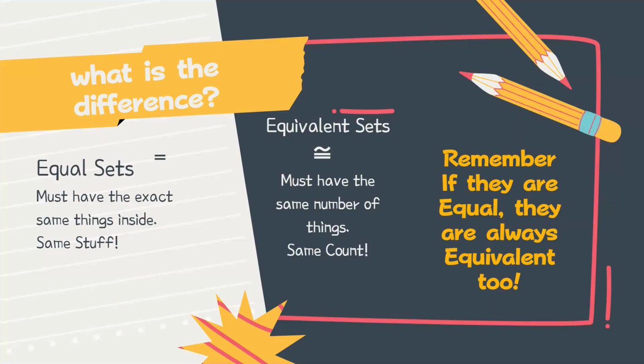Those are considered equal sets because in both sets, they have the same exact thing inside. For equivalent sets, we can have 3 balls in set A, and for set B, we can have 3 bicycles. Now, they're equivalent sets because both sets have the same number of objects or items, but they're different in color or shape. So we consider it as an equivalent set. Now, remember, if they're equal, they're always equivalent too.